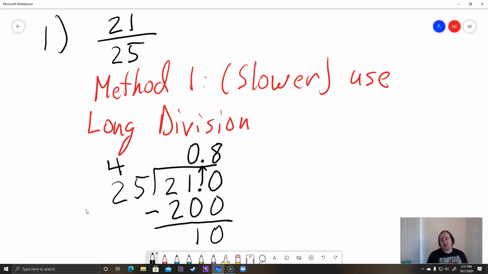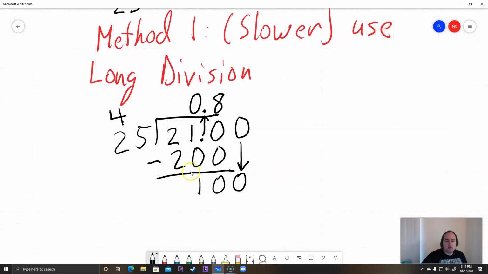Now with long division, you have to keep going until you're completely done. Here, 25 does not go into 10, but what we do is we add another 0 here, and we bring down the 0. And then we ask ourselves, how many times does 25 go into 100? Everyone should know there's 4 quarters in $1, so 4 times 25 is 100.